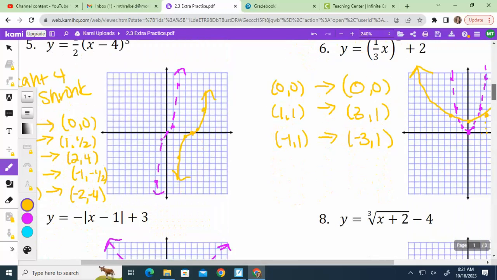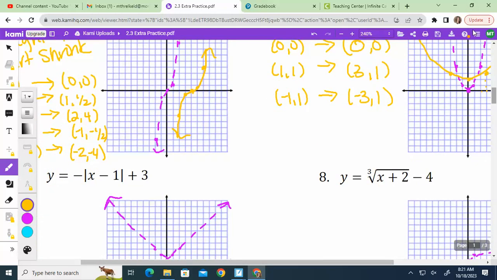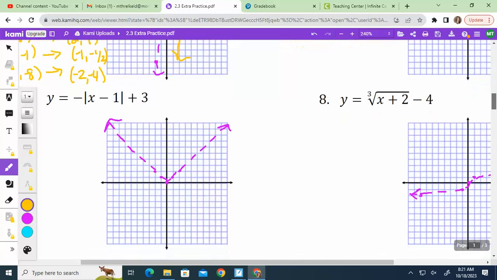Last couple. So number 7, these should be a little bit easier because there's no stretching or shrinking. What's the negative do? What's the -1 do? And the +3.